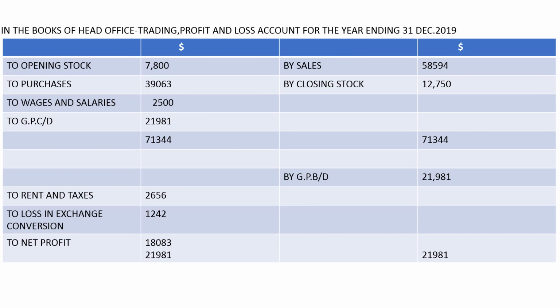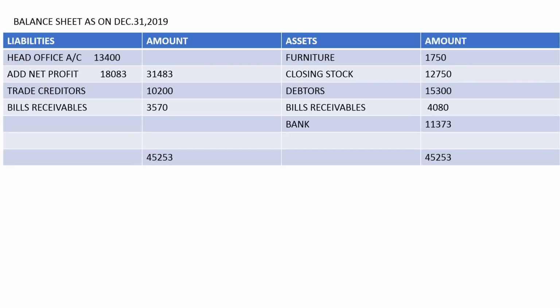Credit side total is 21,981. When we take it to the debit side, 21,981, the net profit is transferred to head office account, that is 18,083.